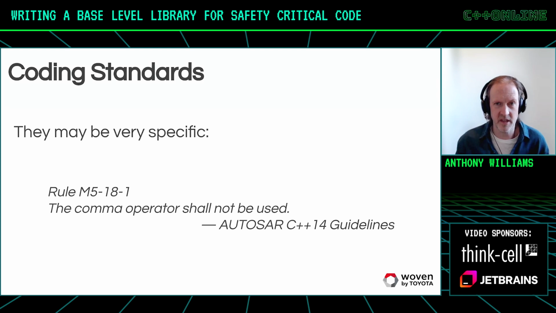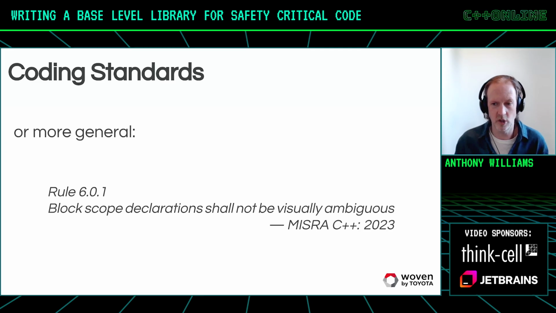On the other hand, they might be far more generic. So the MISRA C++ 2023 coding guidelines have this rule, rule 6.0.1, block scope declarations shall not be visually ambiguous. That leaves a lot of scope for what it means for two declarations to be visually ambiguous. It's a lot less precise, and there's a lot more leeway for discussion.